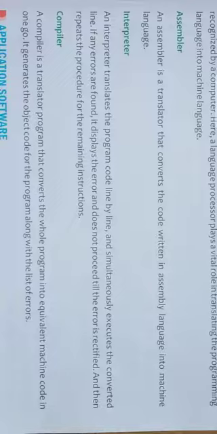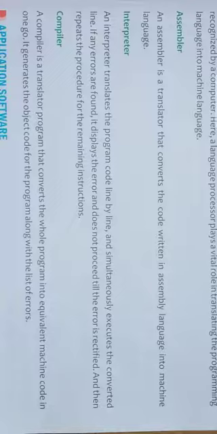So I am the user here. If there is any mistake done by me, that is called an error. If any type of error is found, it displays the error and does not proceed until the error is rectified, and then repeats the procedure for the remaining instructions.